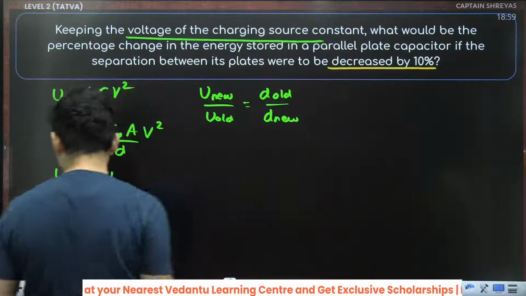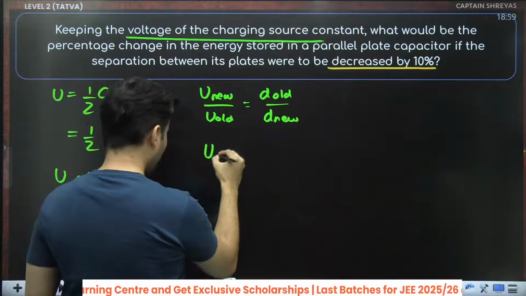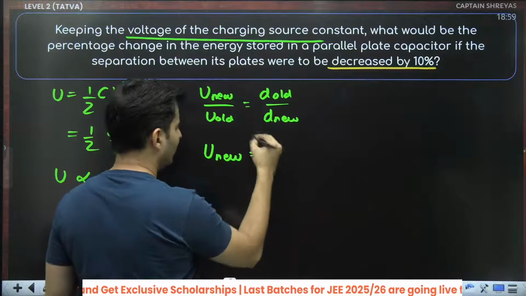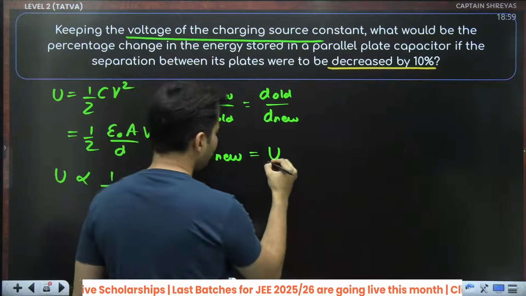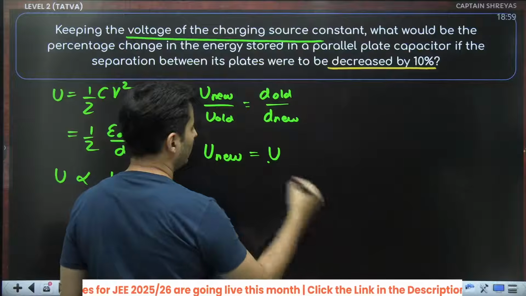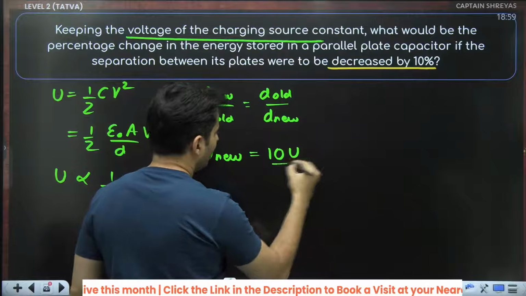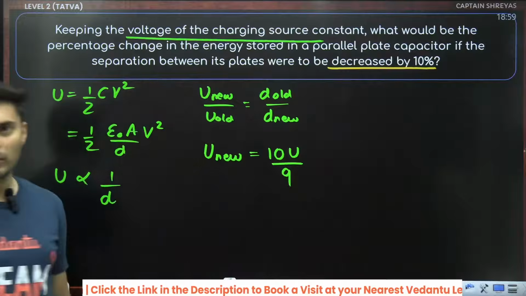This is just like that charge formula. So solving it similarly, I'm just going to get the old one into 9 below and 10 on the top. So it will similarly be nothing but 10 times U divided by 9, just like before.